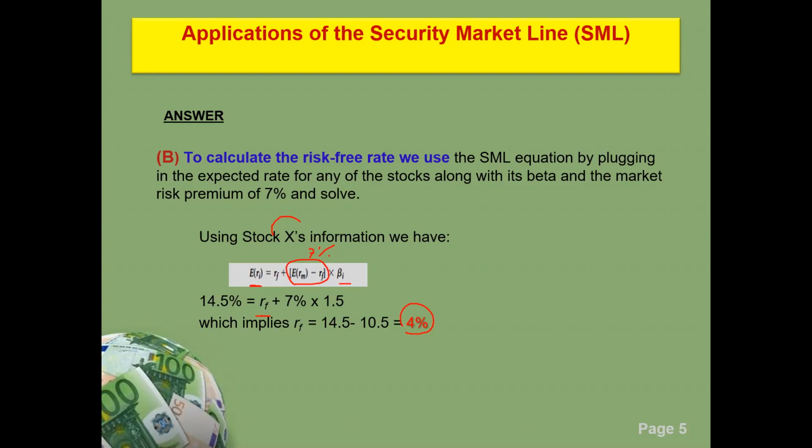Now, a general question: if we know RM minus RF is 7%, and we also know RF is 4%, what will be RM?